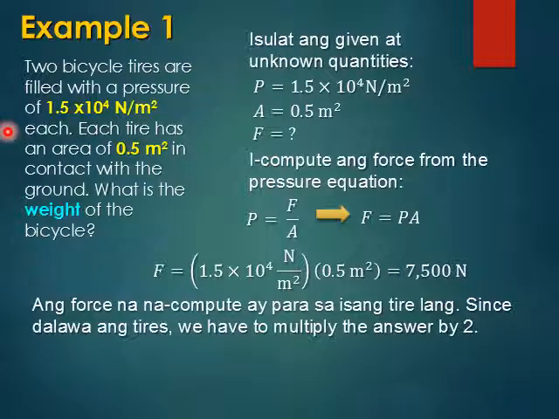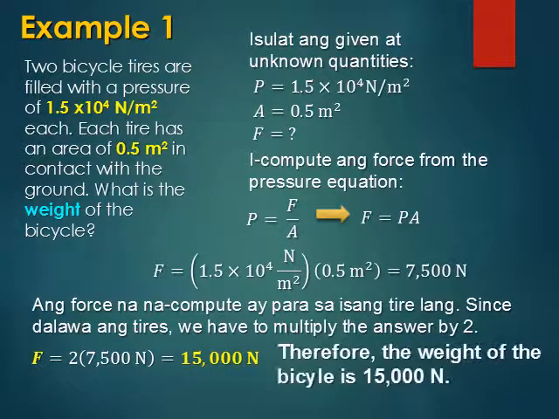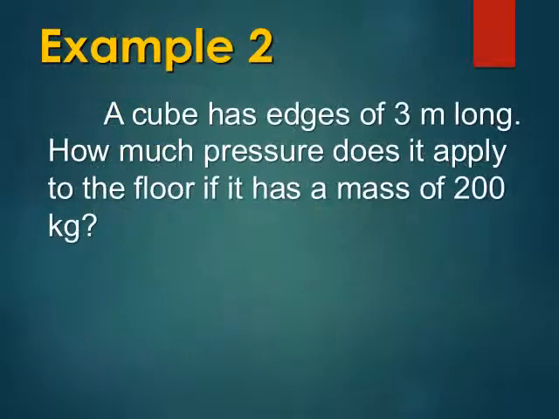Okay? Kasi yung given na pressure nito, di ba sabi, each. So, per tire to. Pero meron kang dalawang tires. So, ang gagawin lang natin, i-multiply lang natin yung nakuha natin na value ng force by 2. So, therefore, the total force is 15,000 newtons. So that is equivalent to the weight of the bicycle, 15,000 newtons.